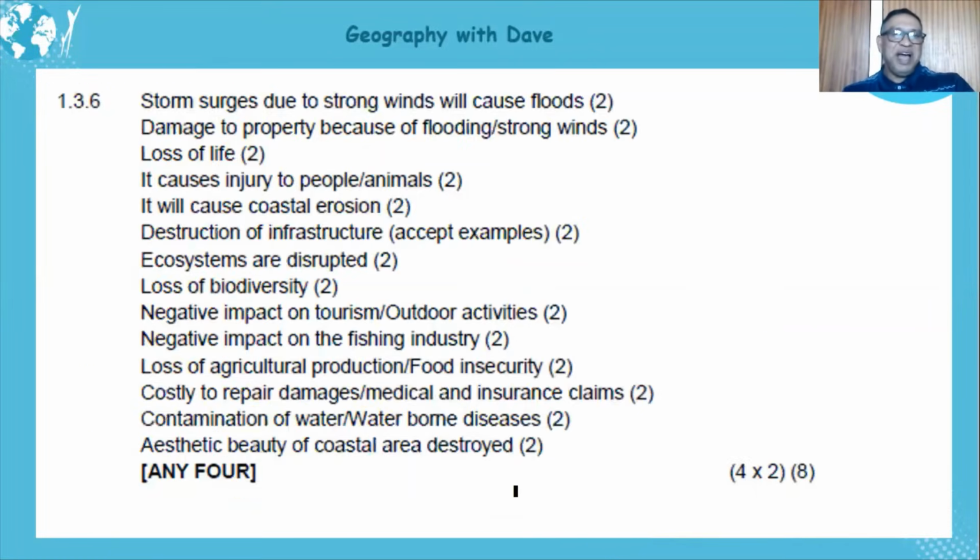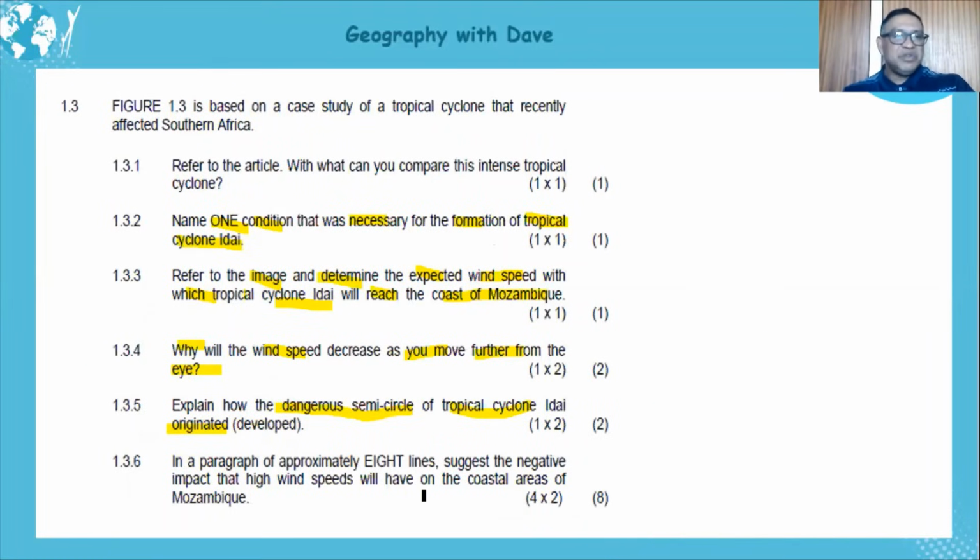Okay, now let's look at the last question here. A paragraph of approximately 8 lines suggests the negative impact that high wind speeds will have on the coastal areas of Mozambique. High wind speeds, specific to winds, and specific to the coastal areas of Mozambique.